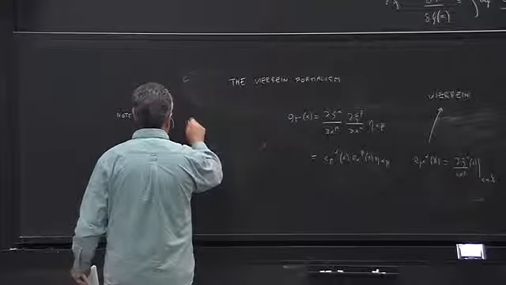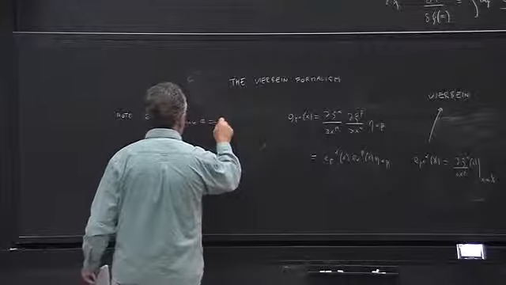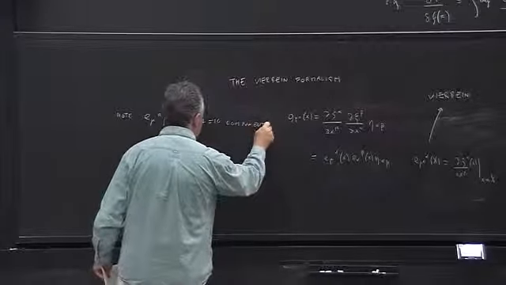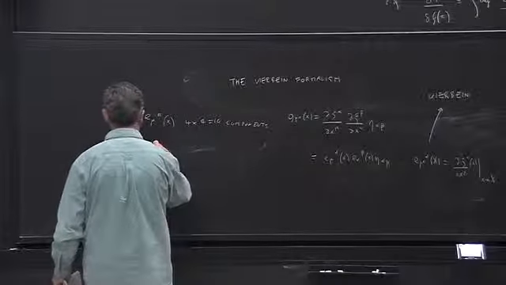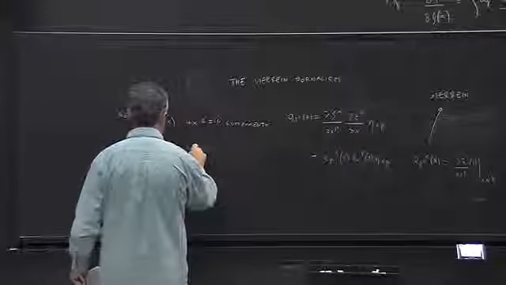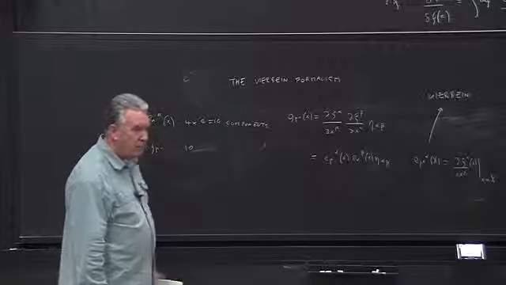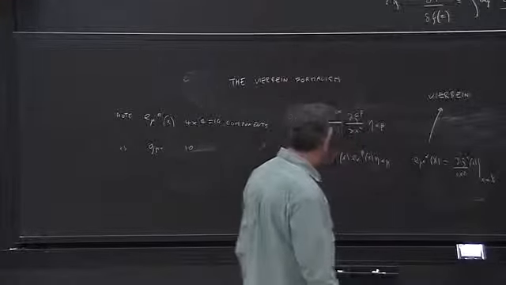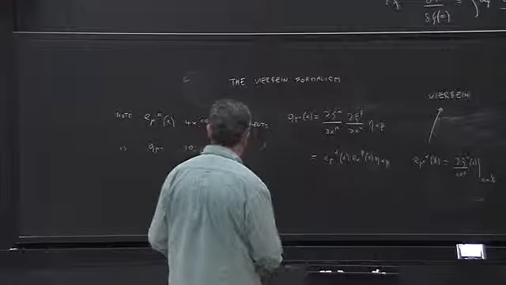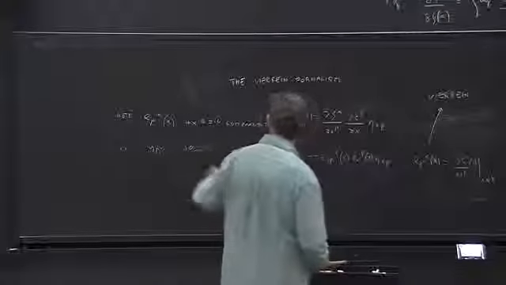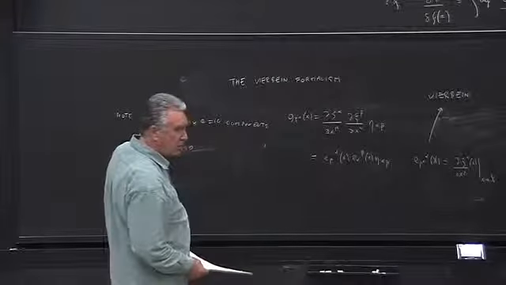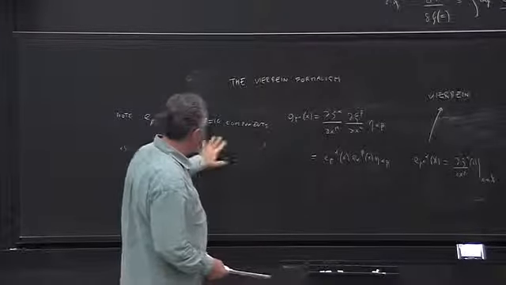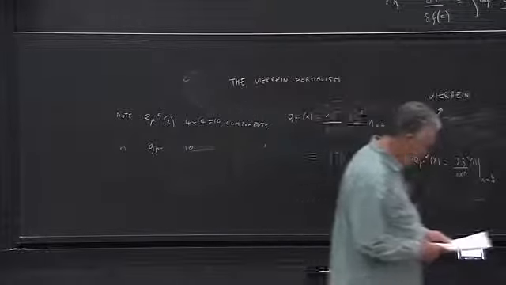But note that it has 4x4 components, versus the 10 of G mu nu. So I've overdetermined the system, and that's as it should be, because I have the freedom to make Lorentz transformations on this fellow. So everything fits together.